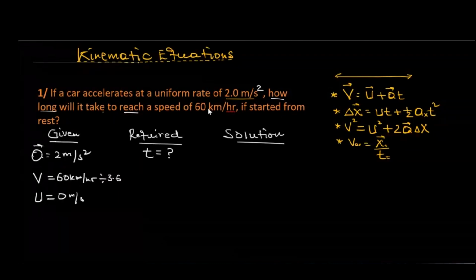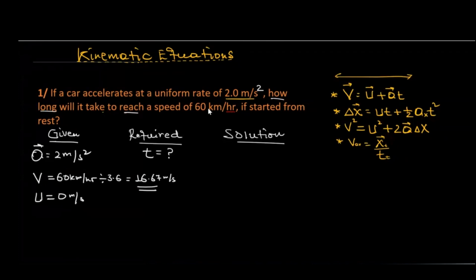If you divide by 3.6, it will give you the meters per second version, which is, for example, 16.67 meters per second. So this is the one that I'm going to use in my problem. I already converted the 60 kilometers per hour into meters per second. If I want to change meters per second back to kilometers per hour, I have to multiply by 3.6.